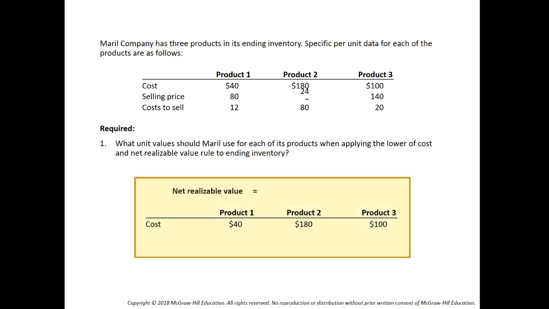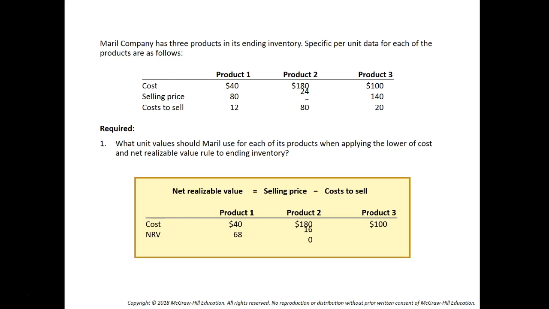Well, as you see here, the net realizable value is the selling price minus the cost to sell. So the net realizable value in product 1, the selling price minus the cost to sell, is 68.